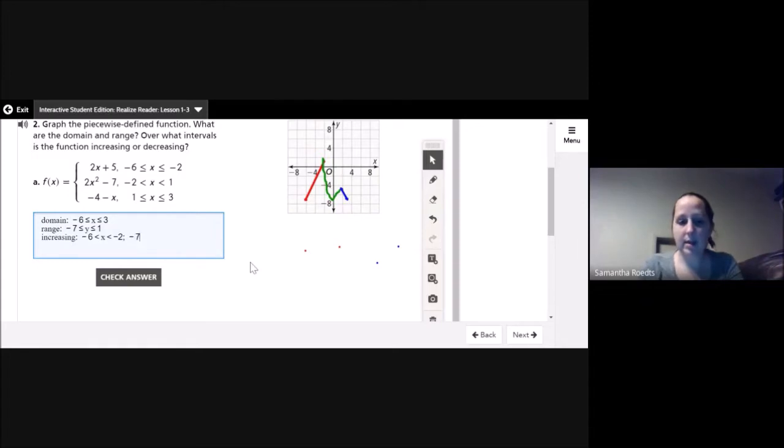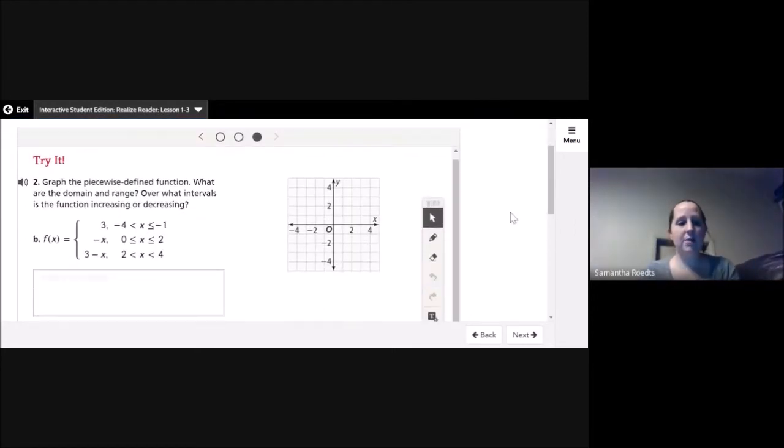And when x is 0, 0 to 1. Okay. And it's decreasing from negative 2 to 0, and then again from 1.